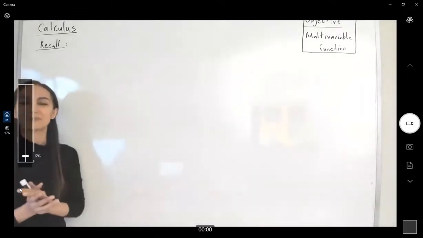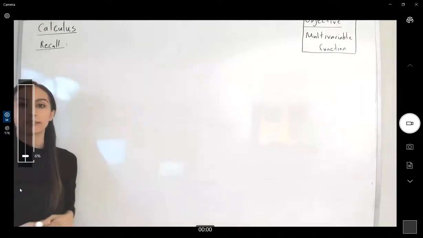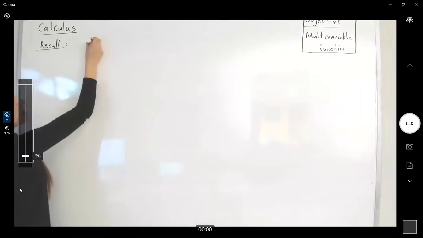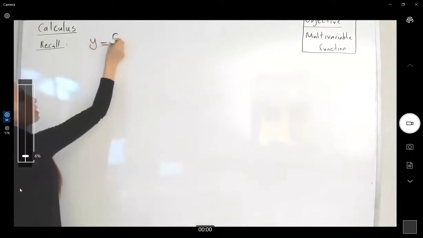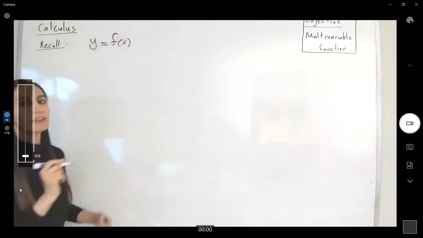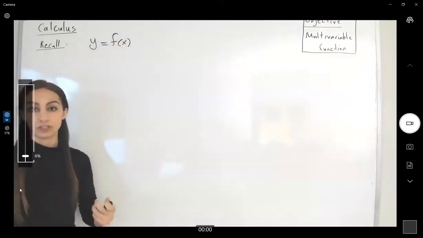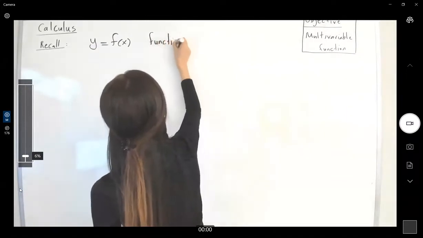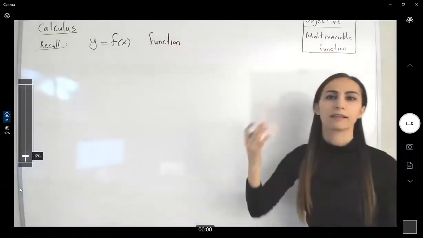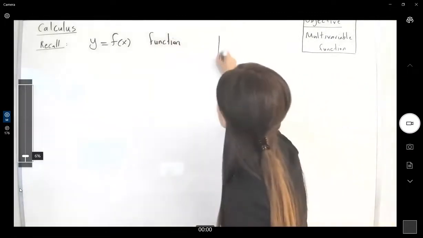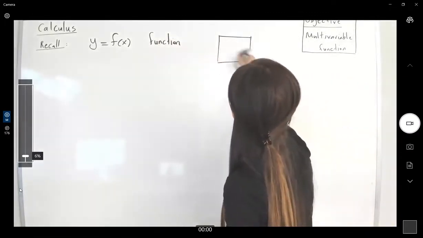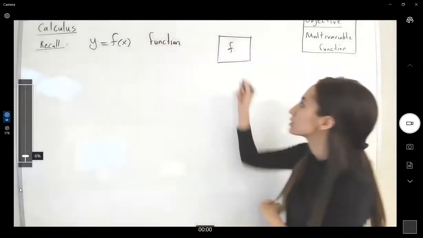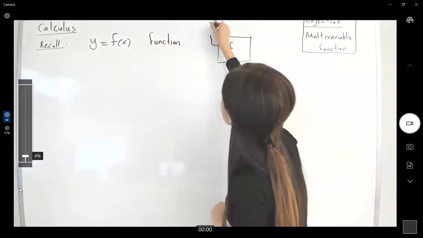So recall that in elementary calculus, in algebra, we learned that y equals f of x is defined as a function. It means that it acts like a machine. You have a machine like f. You have some input values like x.